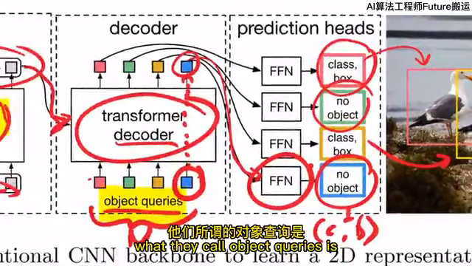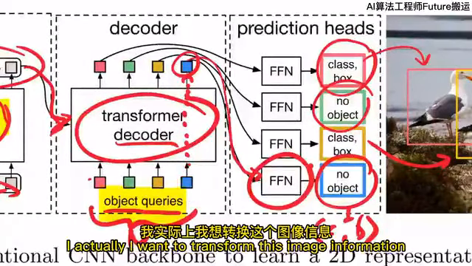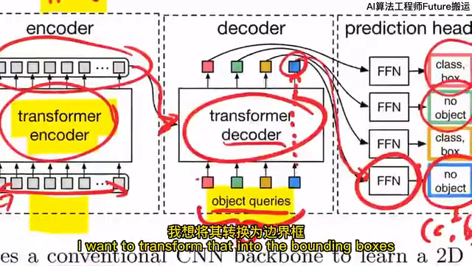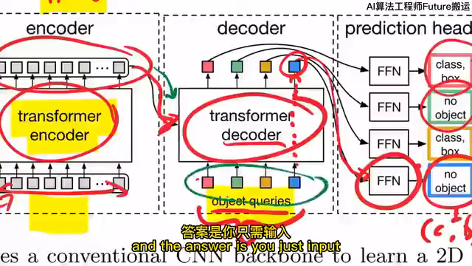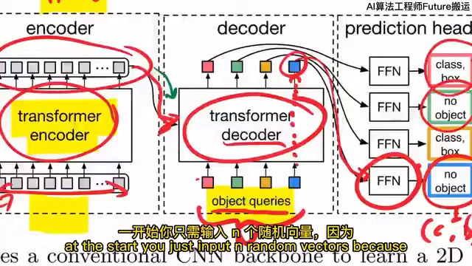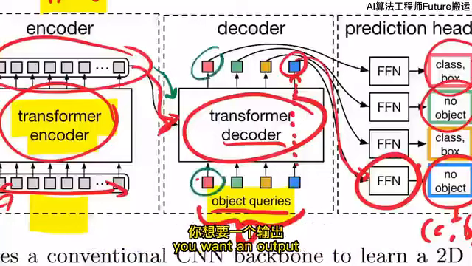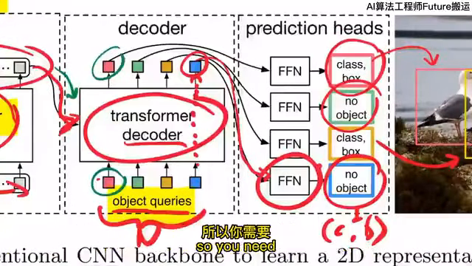What they call object queries raises the question of what you input here, right? I want to transform this image information that comes from the left into the bounding boxes. What do I input here? And the answer is, you just input at the start N random vectors, because that's going to give you N outputs. You want N outputs because you want N of these bounding box classifications.